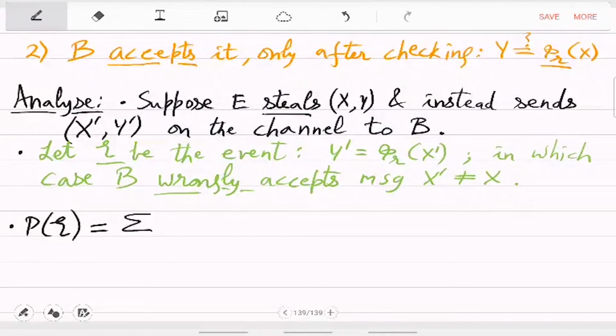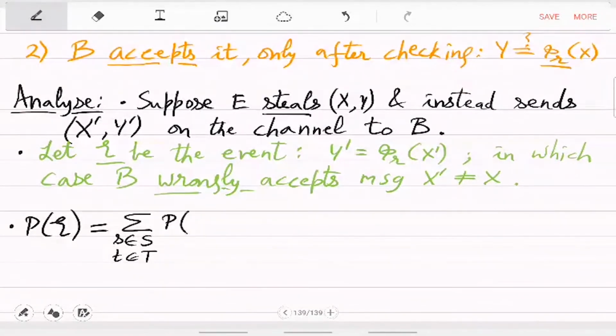So let us go over all the messages and the signature. Messages S, signature T, the domain and the range of phi.